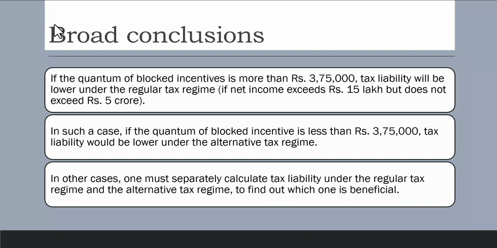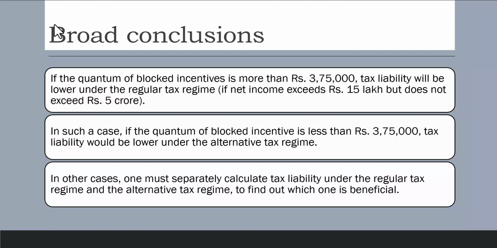Kishore, can you read this? Broad conclusions. If the quantum of blocked incentives is more than 3,75,000, tax liability will be lower under the regular tax regime. If net income exceeds rupees 15 lakh but does not exceed rupees 5 crore, and the quantum of blocked incentive is less than 3,75,000, tax liability would be lower under the alternative tax regime.